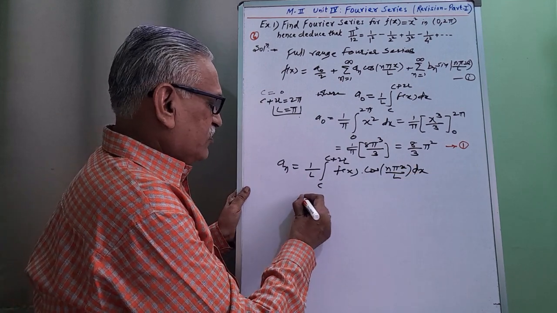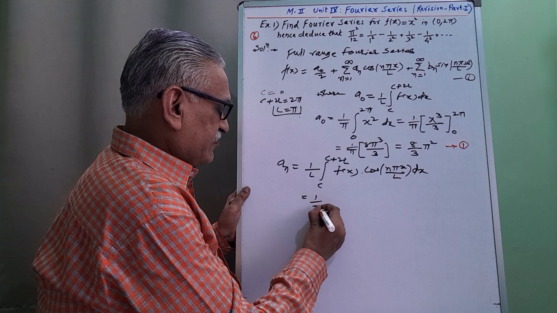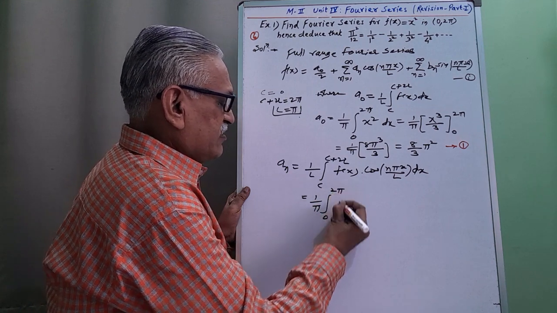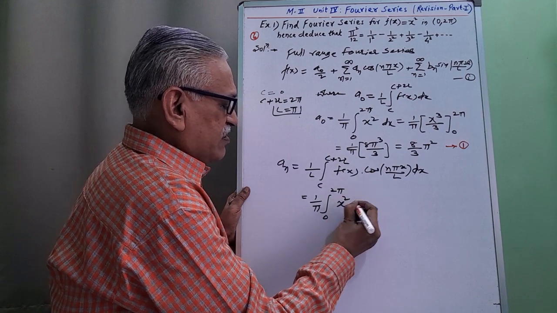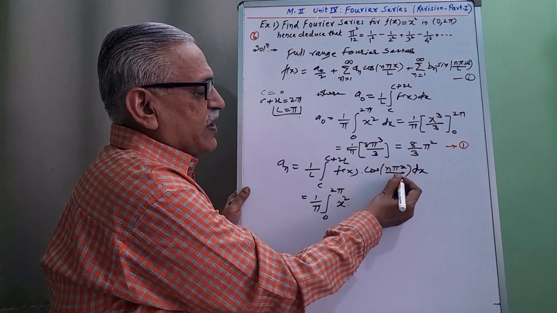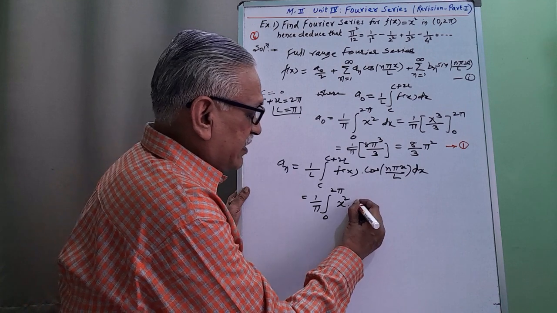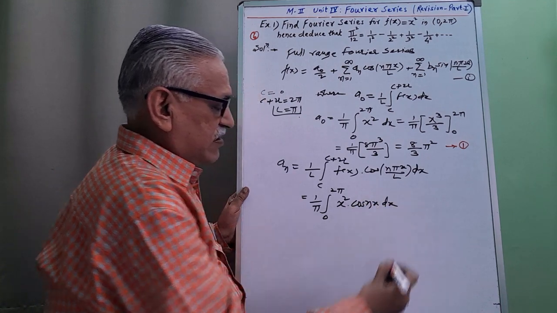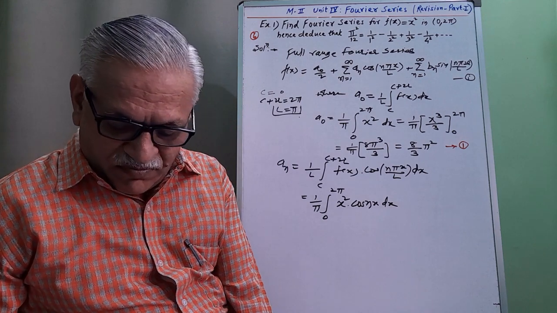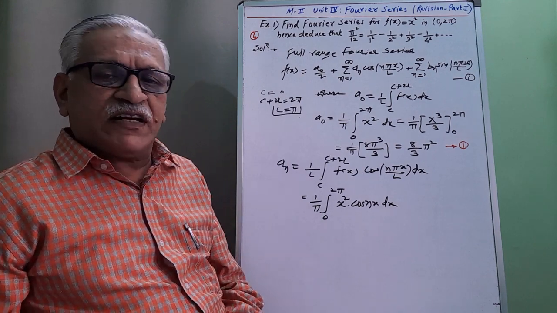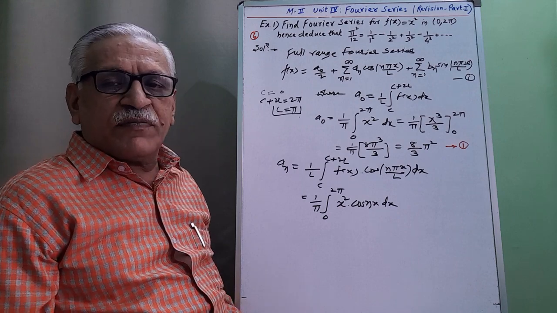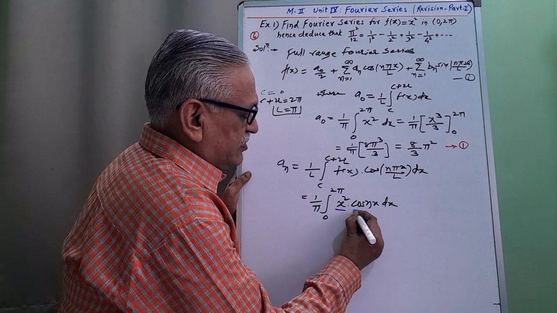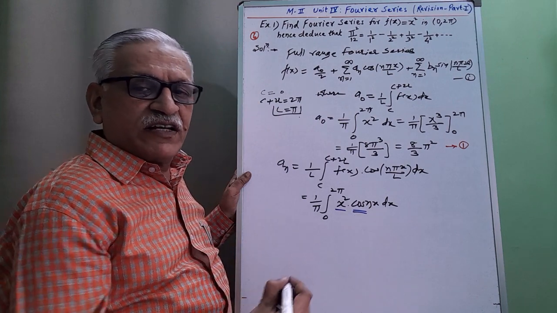Substituting the values, L as pi, C 0, C plus 2L is 2 pi, f of x is x square and cos n pi x by pi, pi cancel, remaining term is cos of nx. Integrating it by generalized part, x square is algebraic term and cos is trigonometric term. Therefore, this is first term and this is second term.